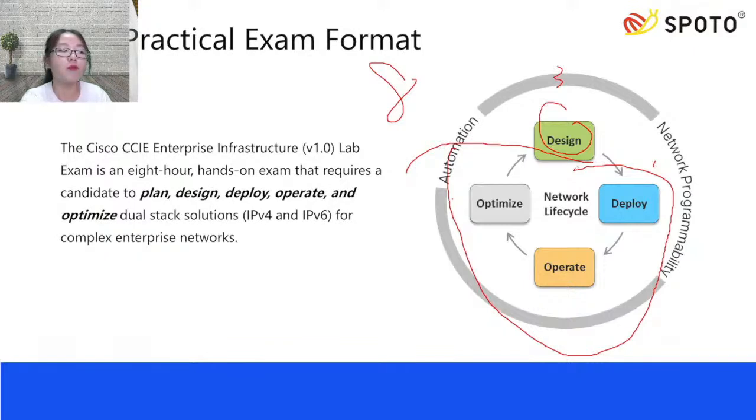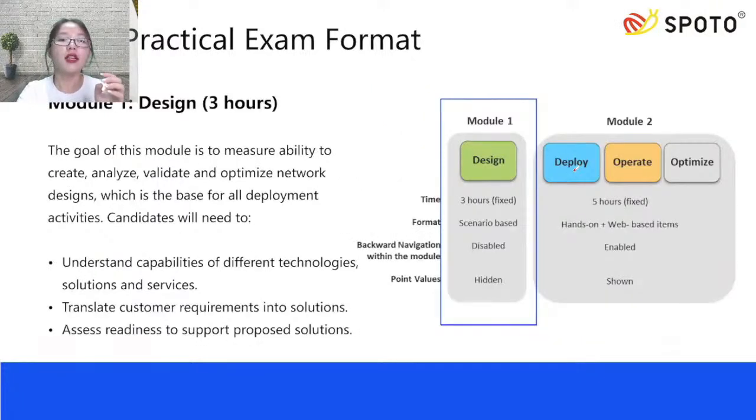While both modules are independent from each other, there is a progressive storyline built throughout the entire 8-hour lab exam. Candidates won't be able to navigate back and forward between modules. So let's see the exam detail.